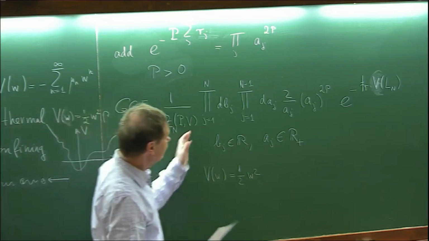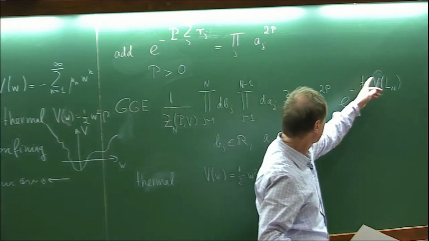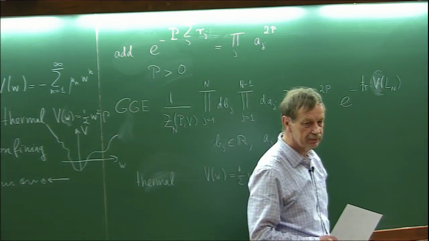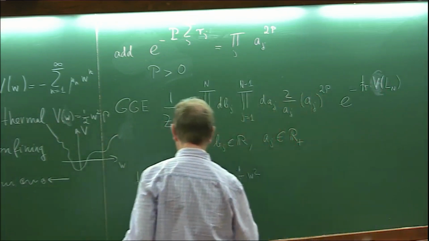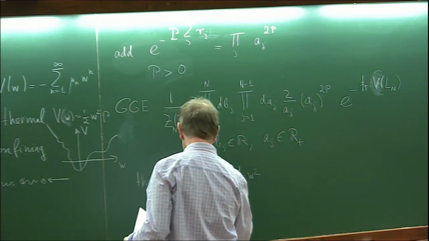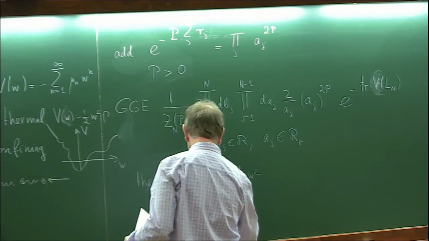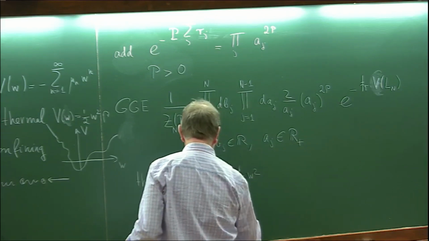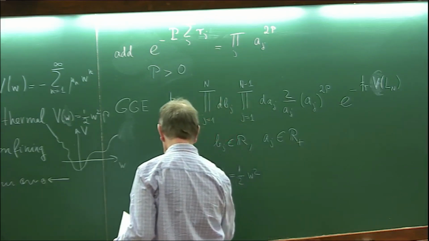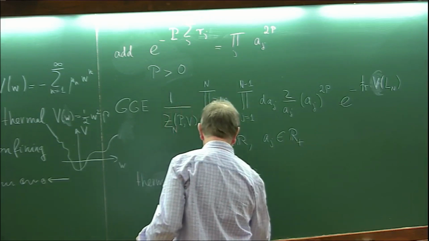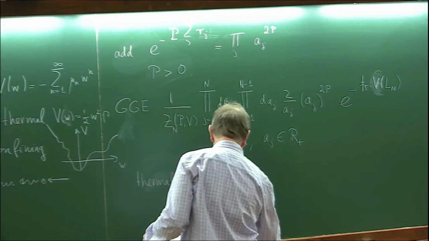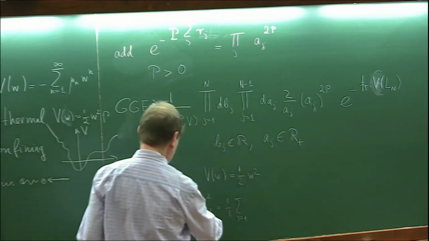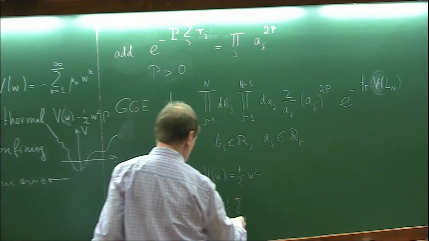Then I look at this formula, and what I have to compute is the trace. The trace of L squared is the sum over j from 1 up to n of the squares of all matrix elements.